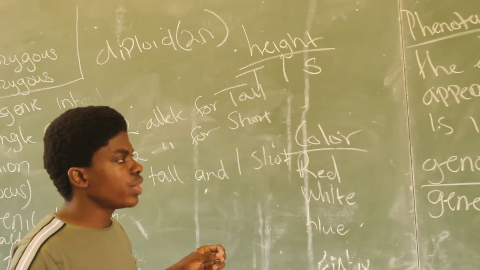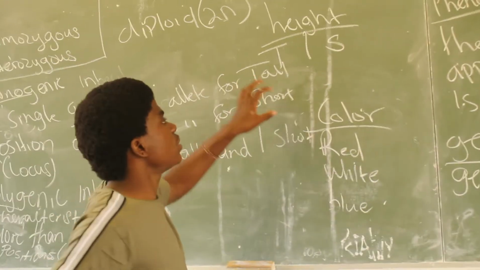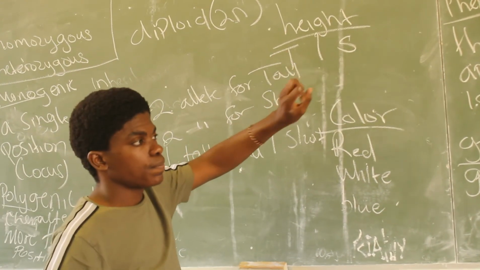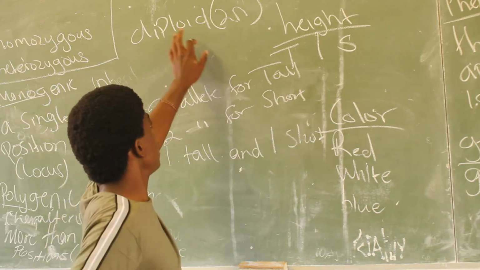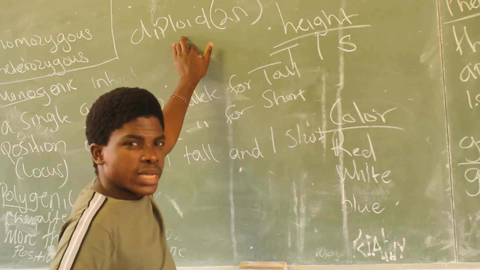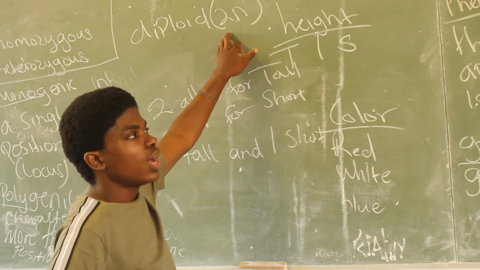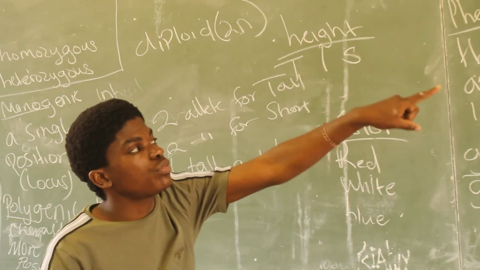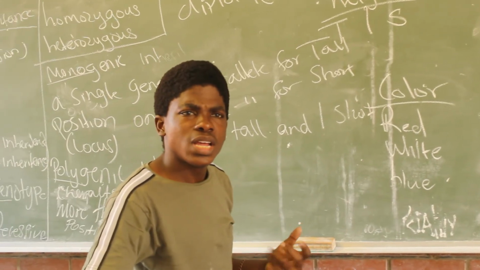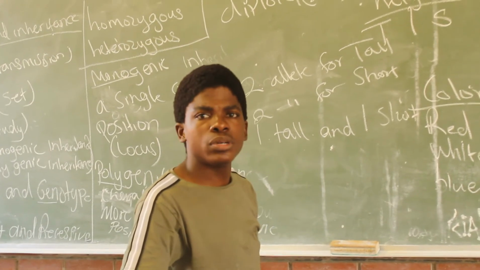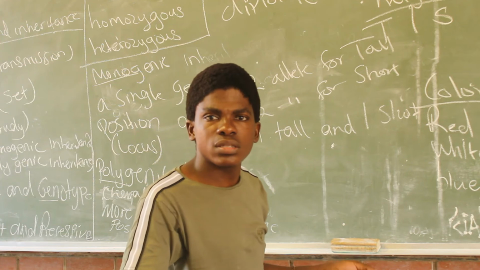How does that happen? We know that a person, as I said, is diploid, so all our alleles go in twos. Then how does it happen that whenever we are born, we still have two alleles?